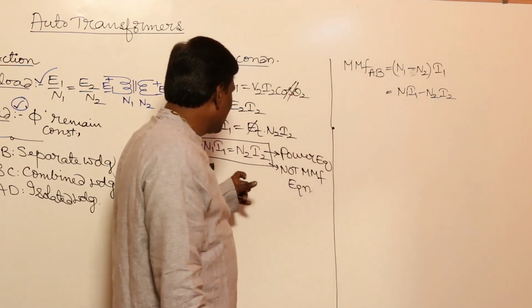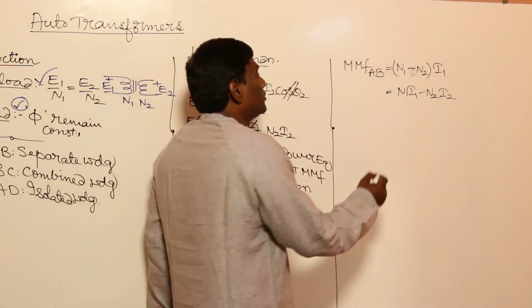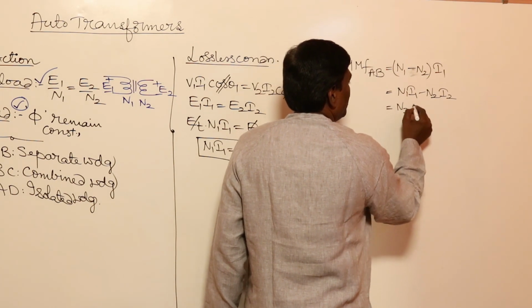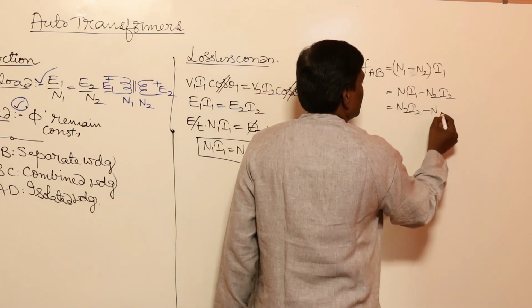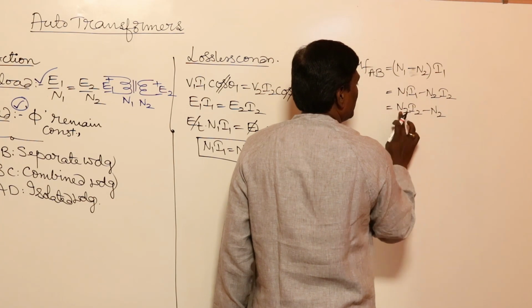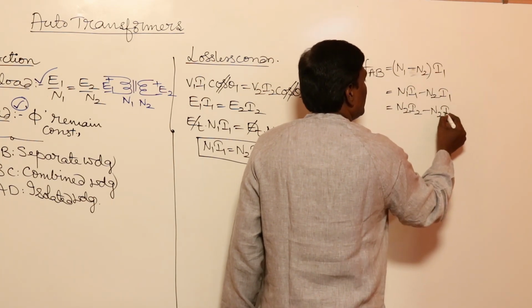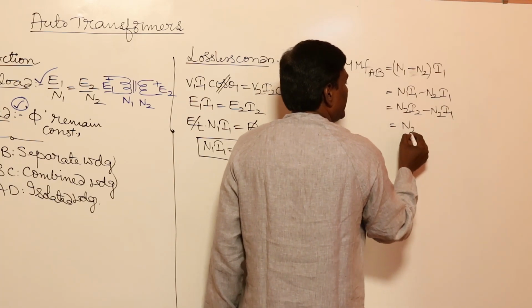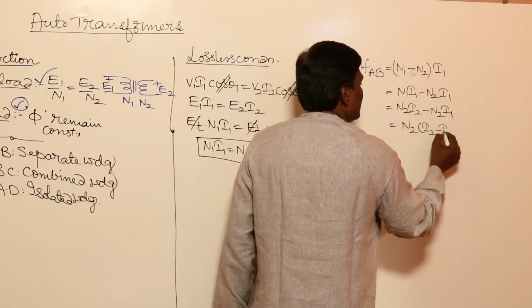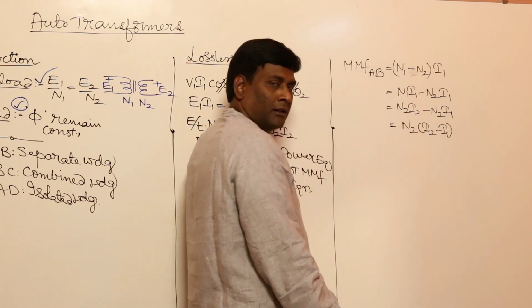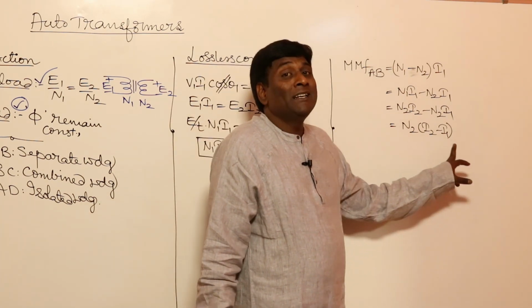From our previous equation, N1 I1 equals N2 I2, so this is going to be N2 I2 minus N2 I1, which is N2 into I2 minus I1. Now what is this N2 into I2 minus I1?